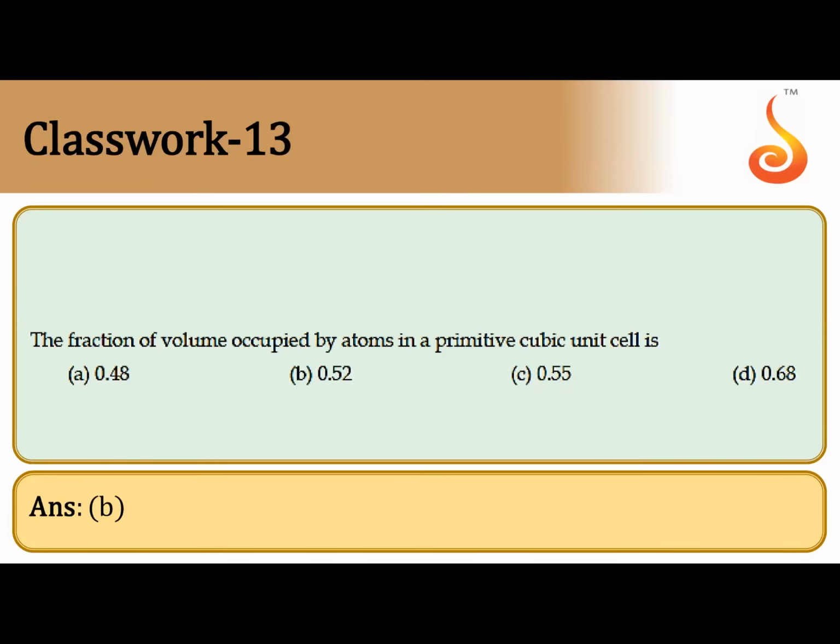Fraction of volume occupied by primitive unit cell. Primitive unit cell means a simple cubic unit cell. So fraction of volume occupied is equal to volume of the sphere by volume of the unit cell.